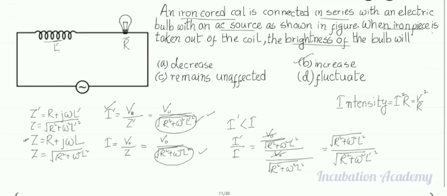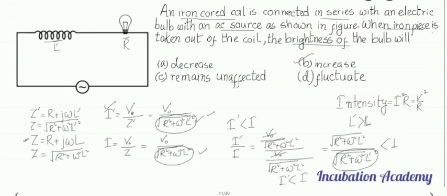You know that L prime is greater than L, so the denominator is greater than the numerator, and we can say the ratio is less than 1.